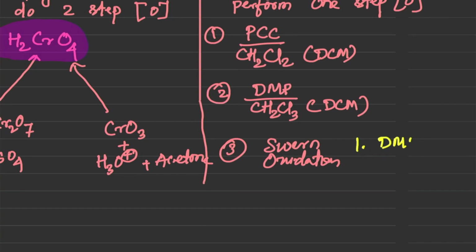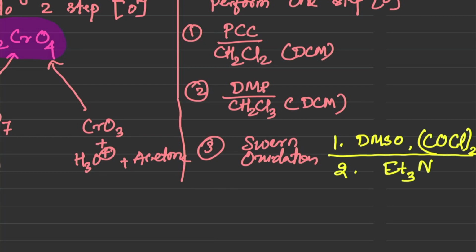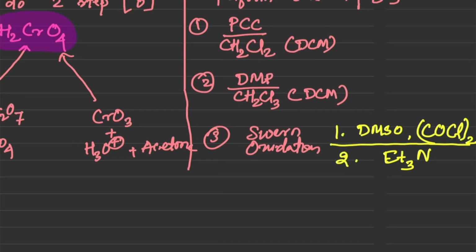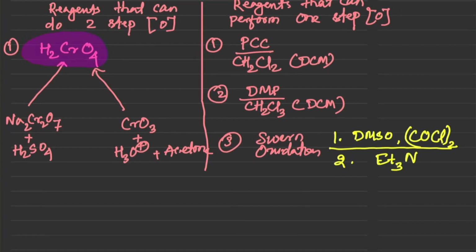So you are doing these reactions in DMSO solvents with oxalyl chloride, and then you add base in the second step, triethylamine. And then also there is another one, hypochlorous acid, that's as well there.